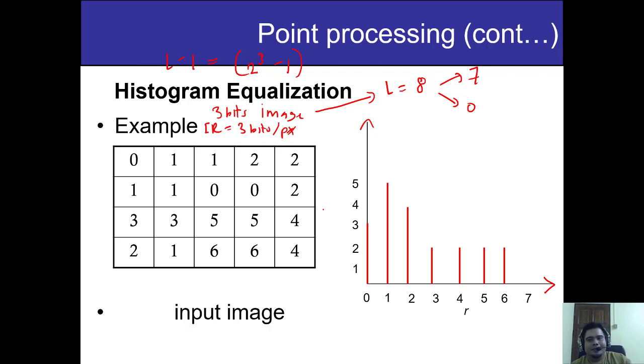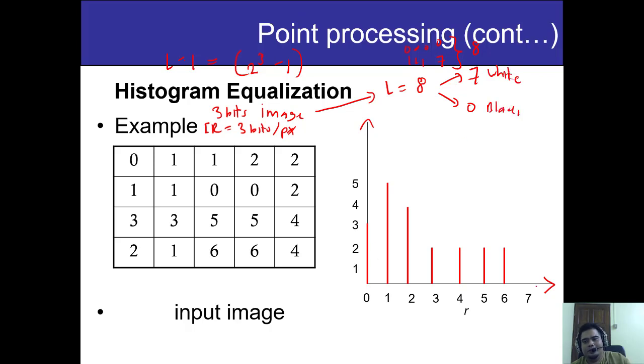But I assume that you know the formula, so with 3 bits you can remember that it goes from 000 to 111, so from 0 to 7, and the total number of levels is 8. So I directly write 8. From 0 to 7, 0 is black and 7 is white.